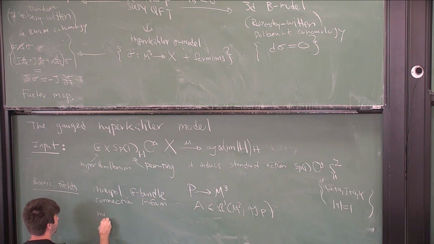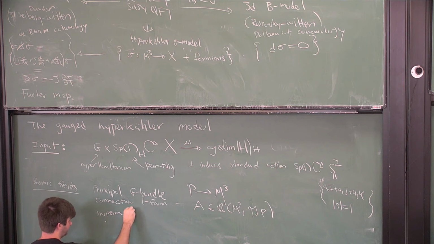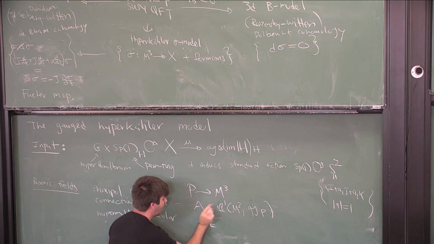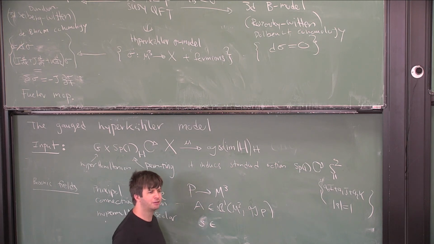And then I have my hypermultiplet scalar, which I will not call sigma because Tudor wanted to use sigma for something else. Sigma model.